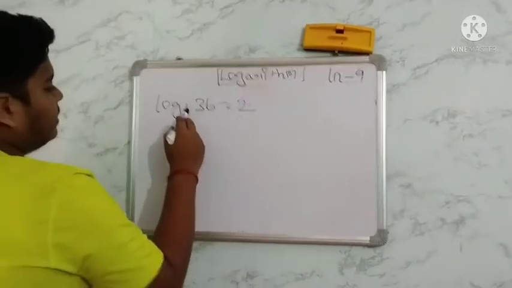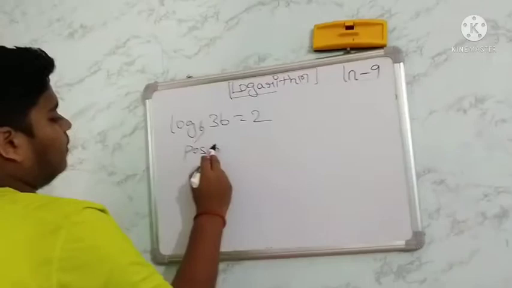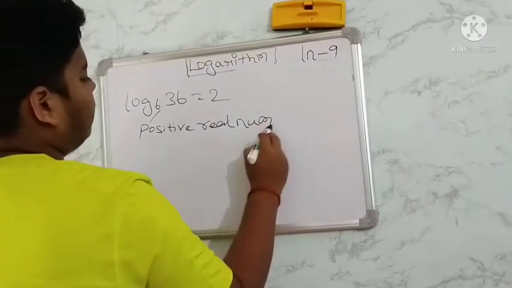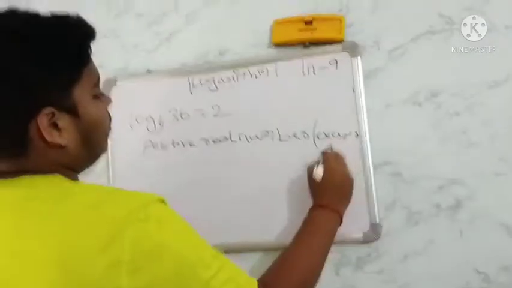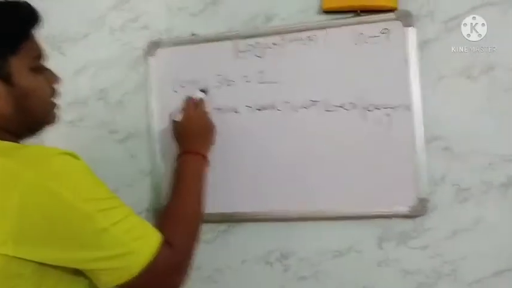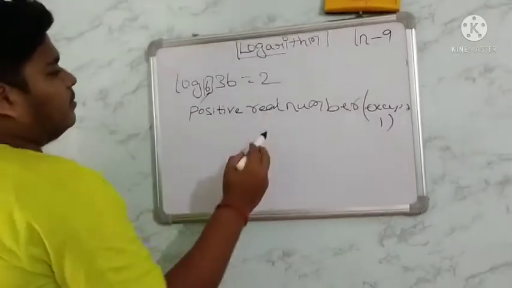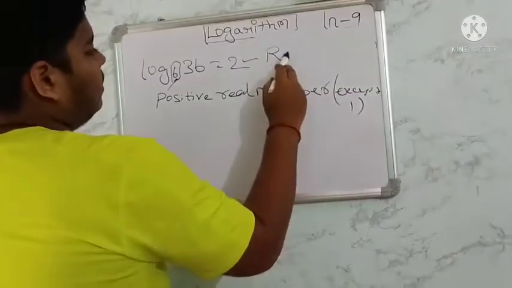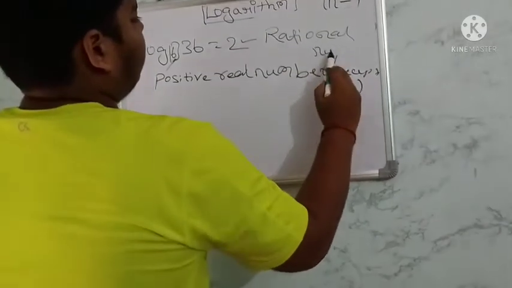This base should always be a positive real number except 1. 1 should not be used here. It should be a positive real number except 1, and this one should be a rational number.